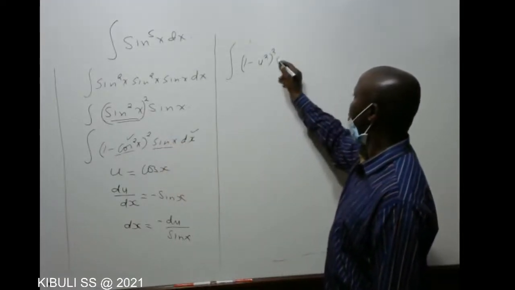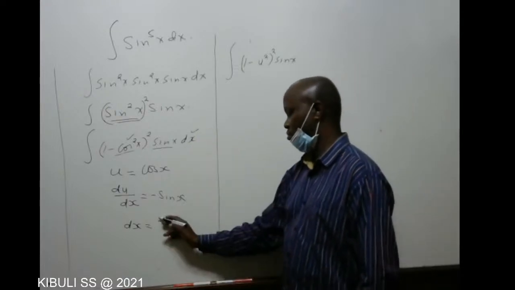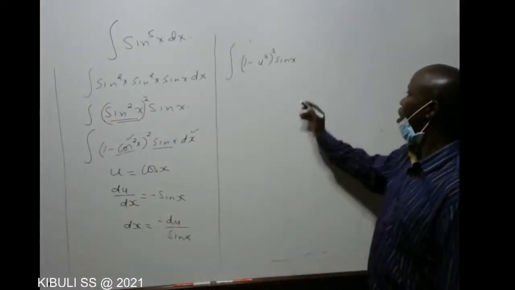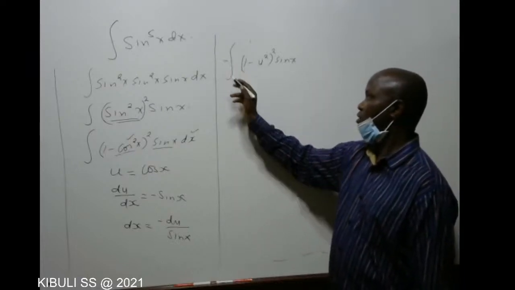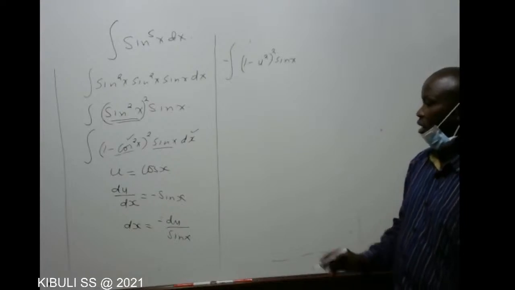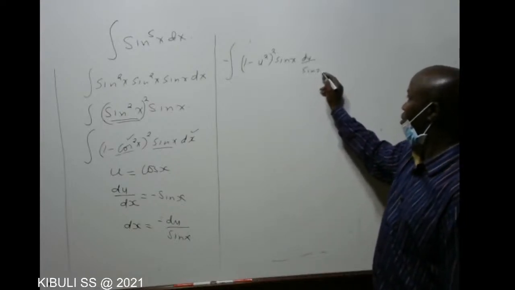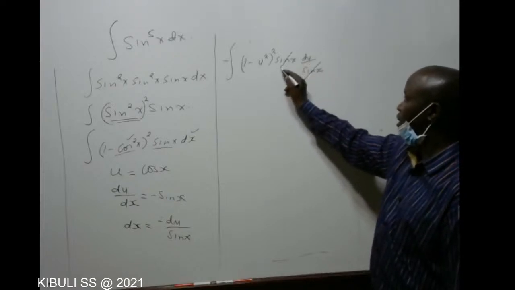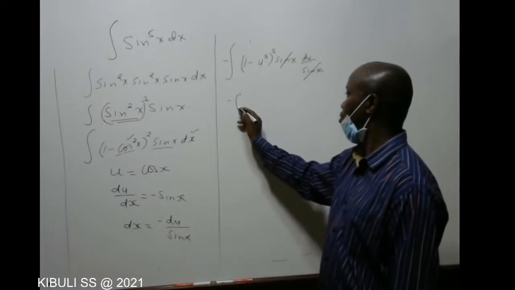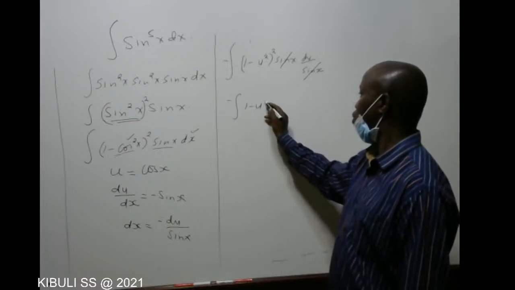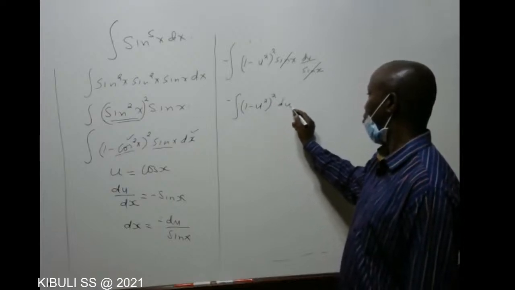Sin x is the derivative. We have the negative, but you can pull that negative out of the integral sign. This now becomes u over sin x. The derivative cancels out. This gives the negative integral of 1 minus u squared, all squared, du.